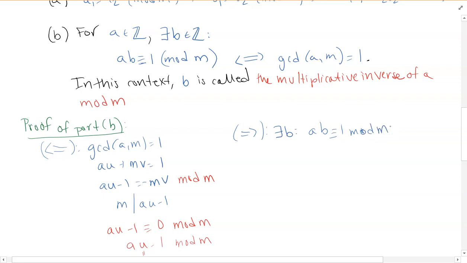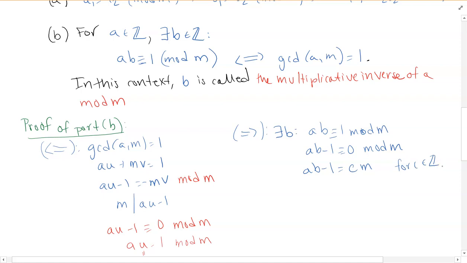Okay, and then what this means by definition is, move the 1 to the other side, ab minus 1 is congruent to 0 mod m, and then this by definition means ab minus 1 is equal to c times m for c an integer.